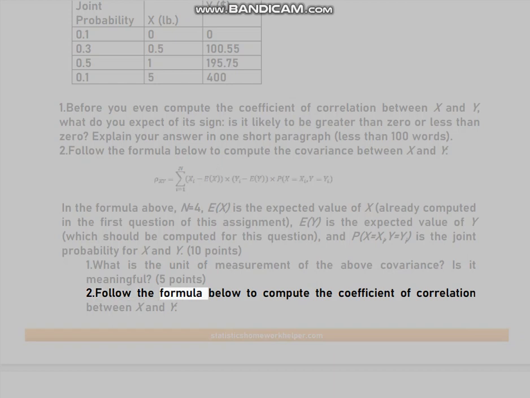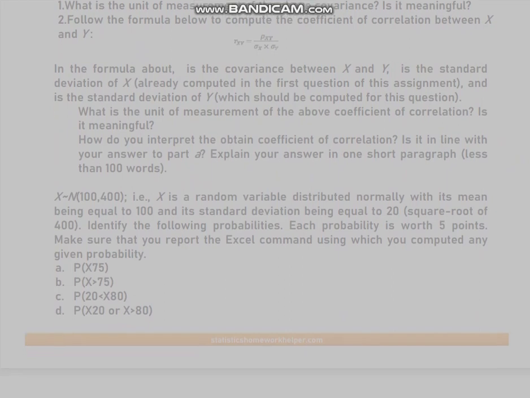2. Follow the formula below to compute the coefficient of correlation between X and Y. In the formula above, the numerator is the covariance between X and Y, one denominator term is the standard deviation of X, already computed in the first question of this assignment, and the other is the standard deviation of Y, which should be computed for this question.